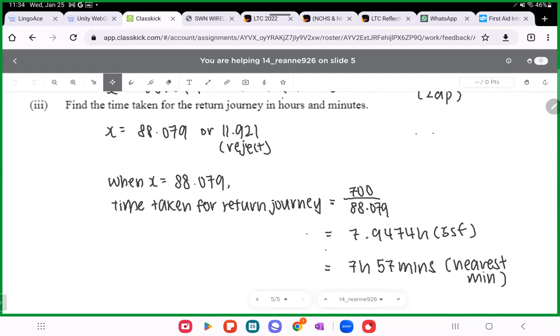So 700 over 88.079. Anybody here don't know how to convert? Because there are people who give 56, there are people who give 57. The answer is 57. So minus 7 hours, then you times 60 minutes. You should be able to get 57 minutes. Okay, so this is for the whole of chapter 1 checkpoint.